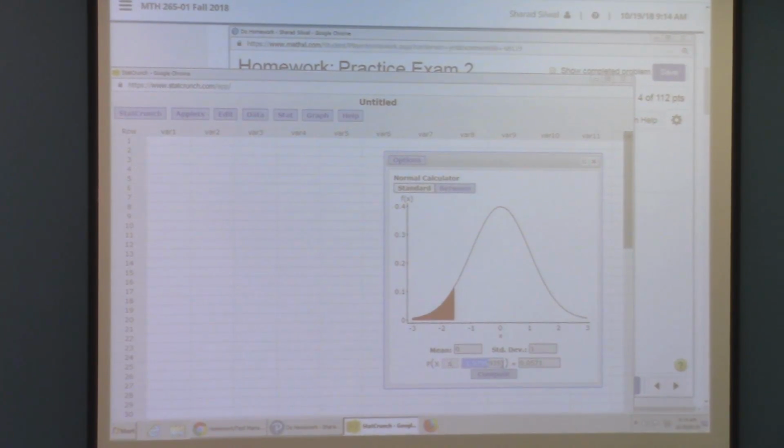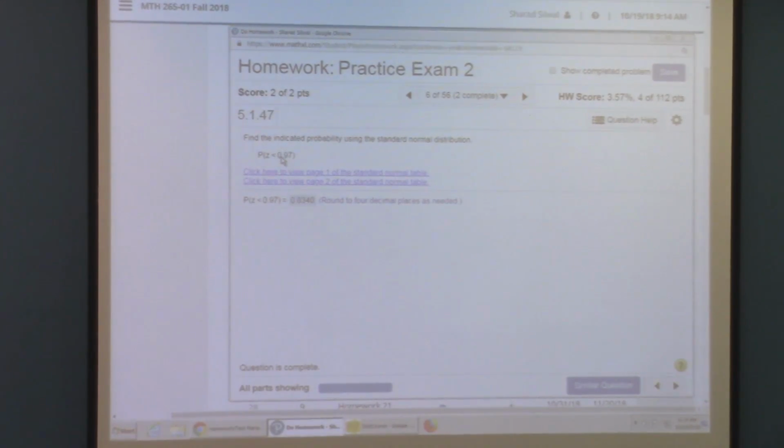So you mean this one, 1.41. That's what I got, but it marks me wrong. Did you check the direction? Was it less than or bigger than? You also need to pay attention to the direction, which side. It's less than. That's what I did wrong. Never mind, okay, all right, good.